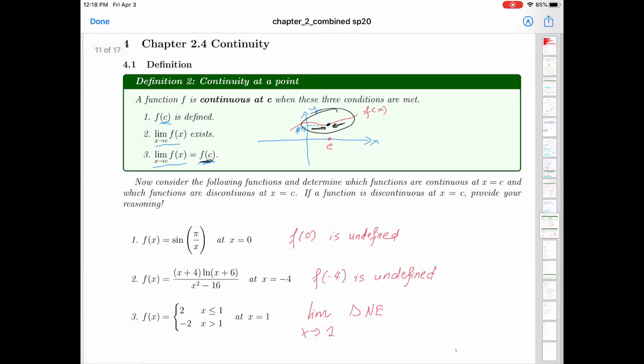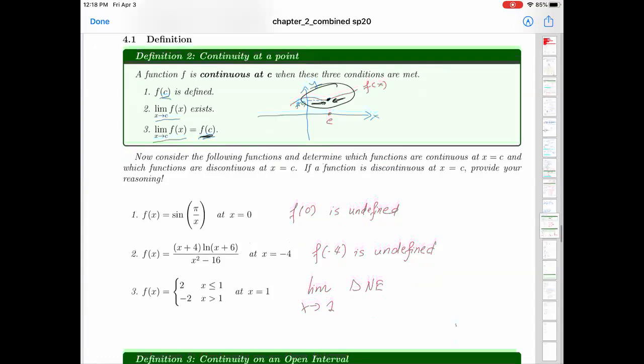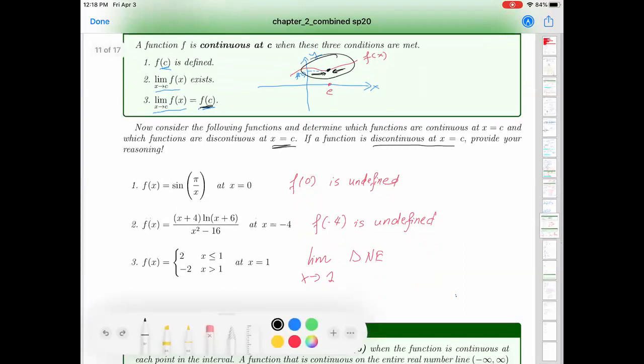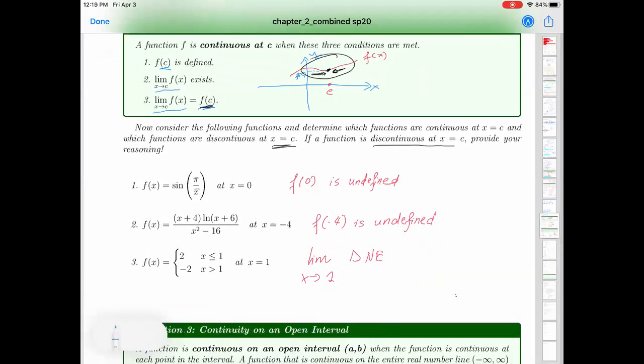All right, let's look at the next three functions. You want to determine which functions are continuous at the point x equals c. If a function is discontinuous, provide your reasoning. If I look at this function, sine of pi over x, we have a rational form here.